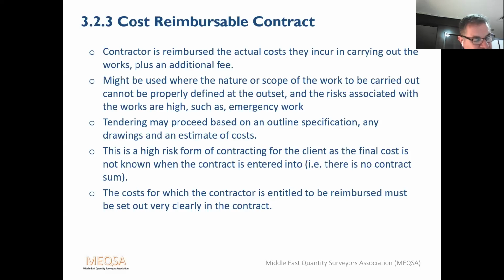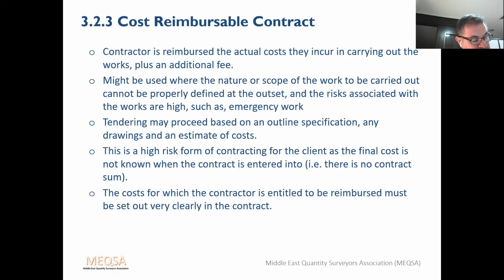So, difficult. The client may also monitor activities on site to verify that the costs are legitimate. For example, checking whether plant that is being charged is actually being used and that costs are not excessive. This can become complex where the contractor is thought to be operating inefficiently or incompetently. It requires a great deal of supervision by the client team.